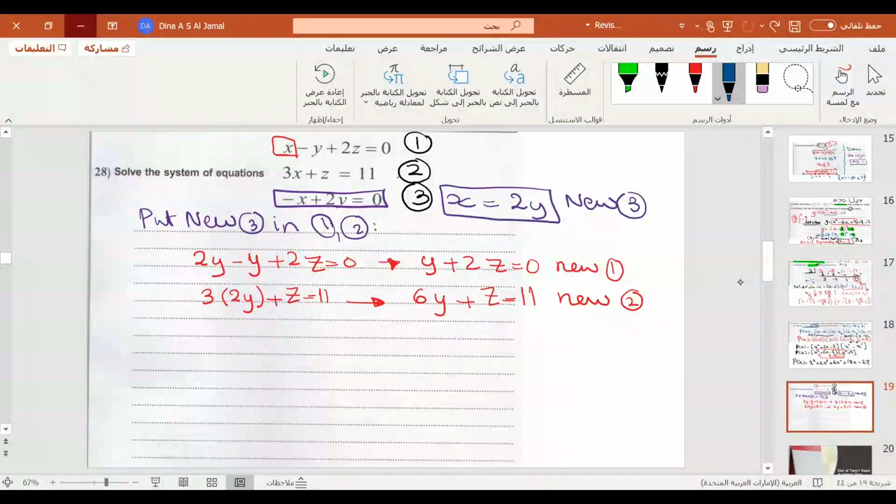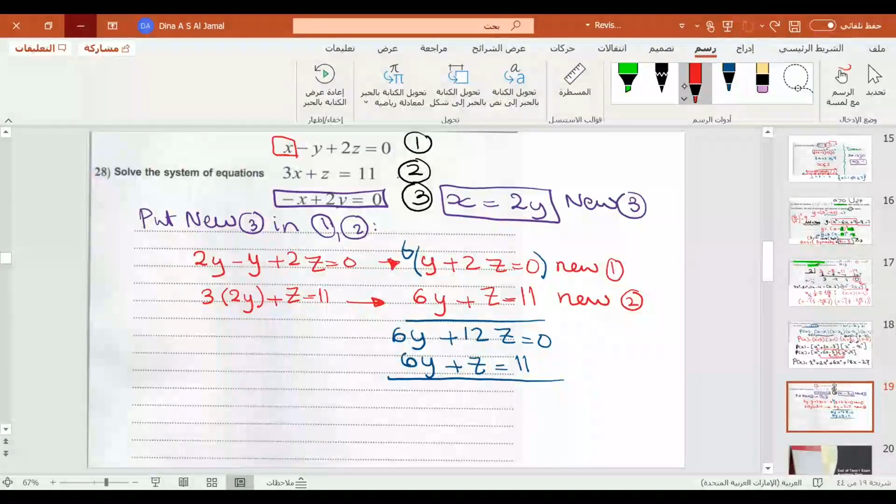So let's solve it with elimination. Okay, you can solve it also with substitution. So let's multiply your new 1 by 6. So this will be 6y plus 12z equal to 0, and 6y plus z equal to 11. Now I'm having same signs, that means I should subtract.